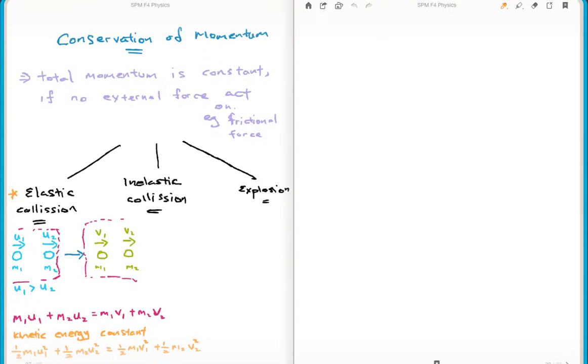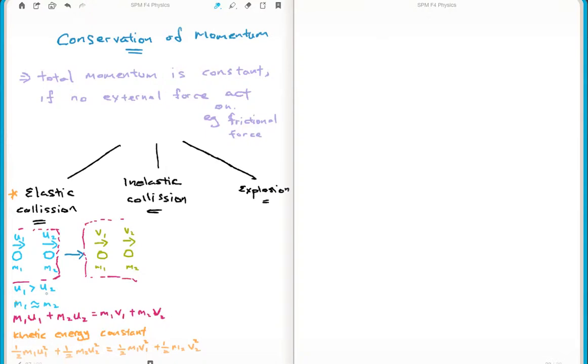What I want to stress here is that M1 is very close to M2. In Form 5 SPM, they never consider cases like M2 greater than M1, or M1 greater than M2.